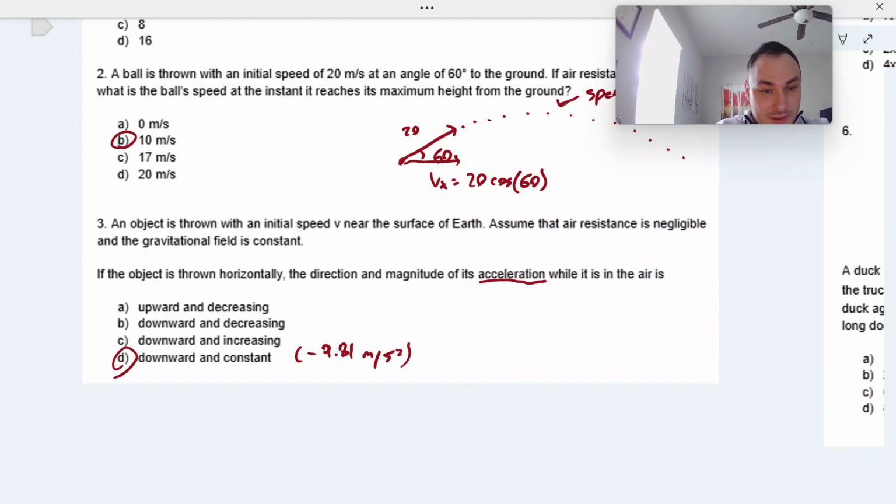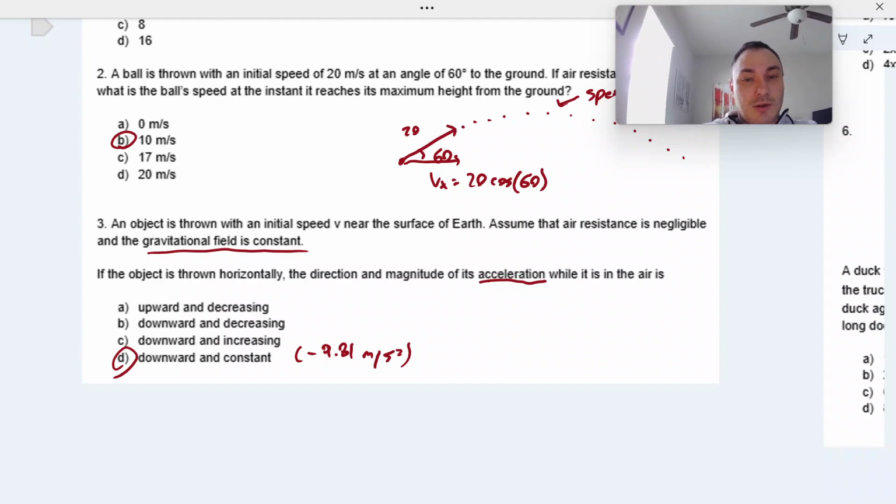That's what gravity is. This term, gravitational field, is a term that physics is using more and more often. The gravitational field just refers to that near the surface of the Earth, no matter where you are, you're in an area where the acceleration is down. That's it.